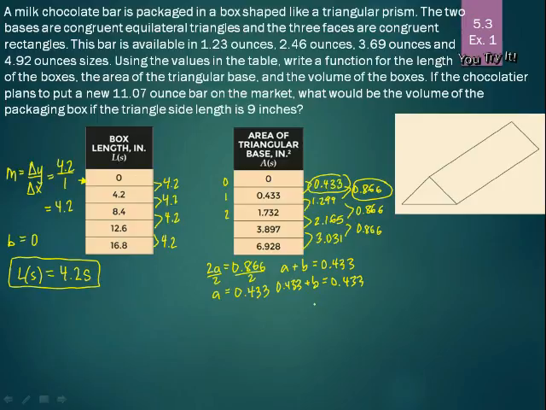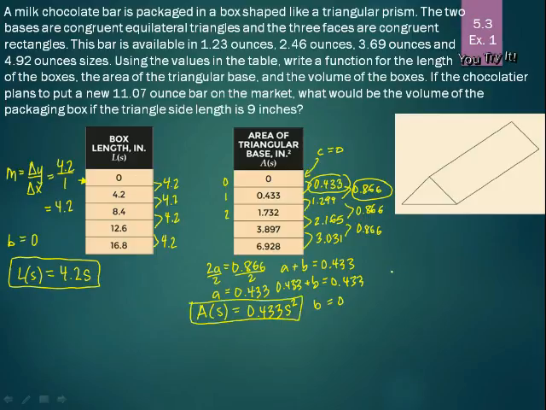Then b must equal 0 to make this equation true. For c, that's going to be the y-intercept. When s equals 0, A of s is 0, so c equals 0. Writing out that equation, we get A of s equals 433 thousandths s squared, and because b and c are 0, we don't need to put anything else.